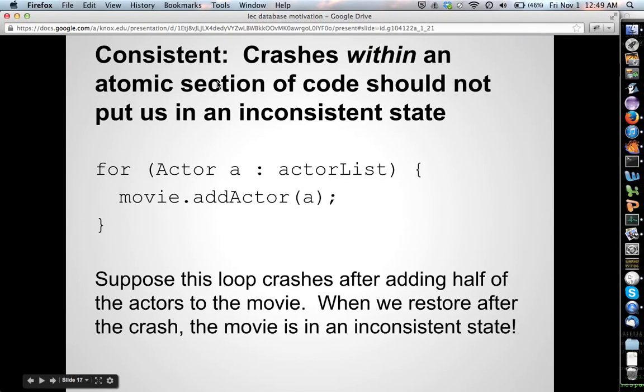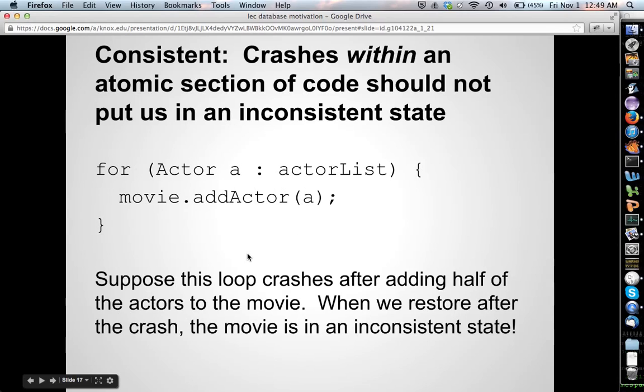Now, that was all under atomic. The other C in ACID is consistent. So crashes within an atomic section shouldn't put us into some inconsistent state. This is part of these rollbacks. So suppose this is an atomic section. We're going through a bunch of actors, and then we're adding the actors to the movie.